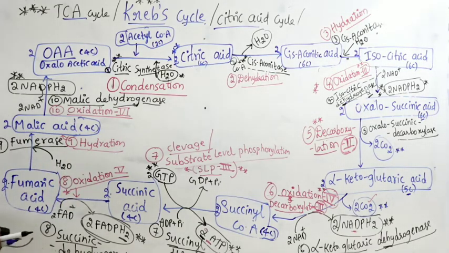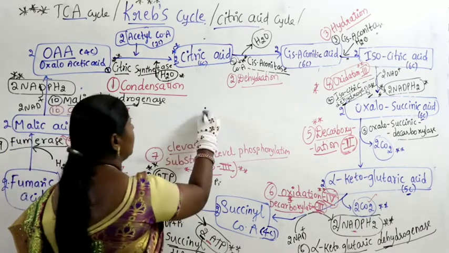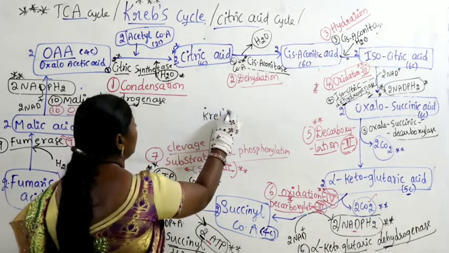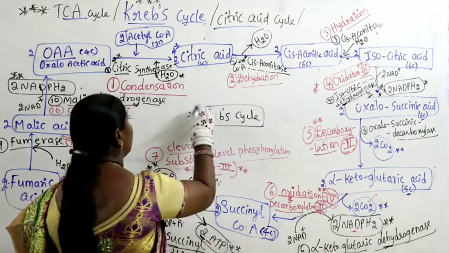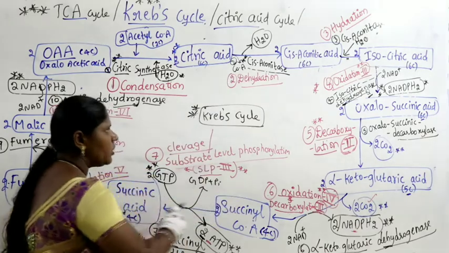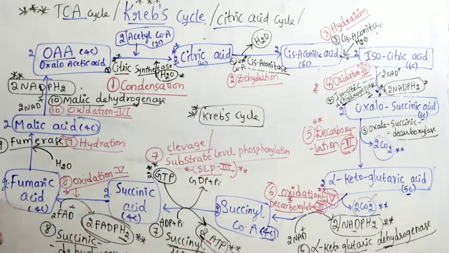So altogether if you look at here, there are 6 oxidations, 3 decarboxylations and 3 substrate level phosphorylations. Now altogether what we have written here, the totality in the horizontal page that we completed, is nothing but the Krebs cycle.